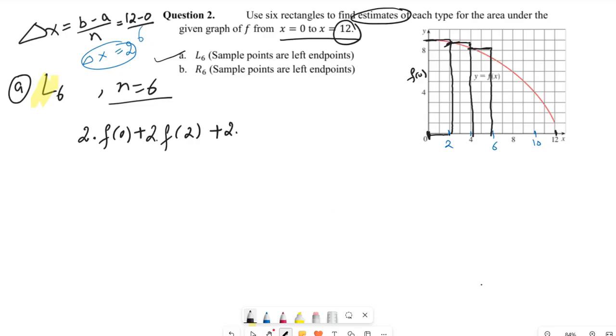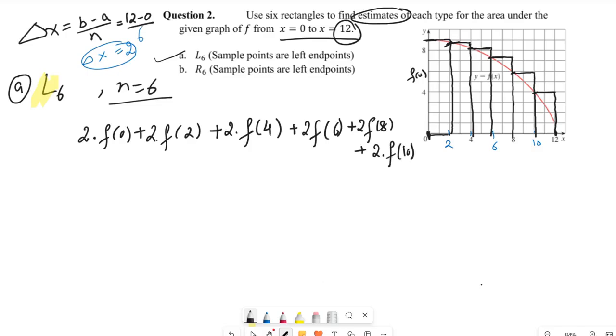So 2 times f of 4, plus the next rectangle will be f of 6 height and the width is still 2. So 2 times f of 6, plus the next one at 8, 2 times f of 8, plus the next one will be f of 10 height, same width 2, 2 times f of 10.